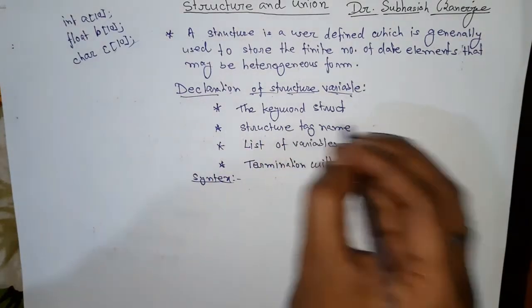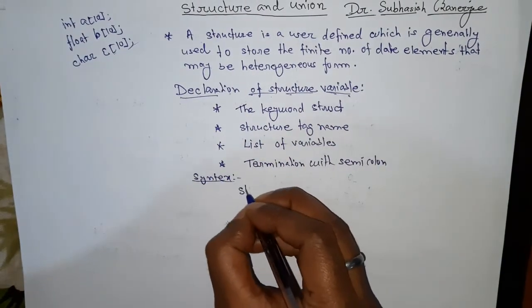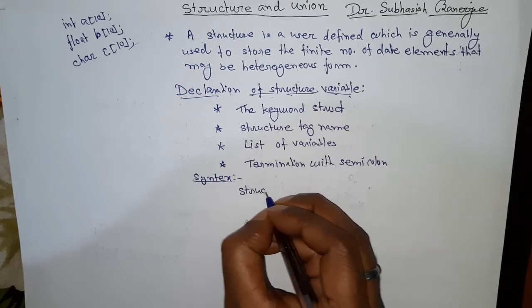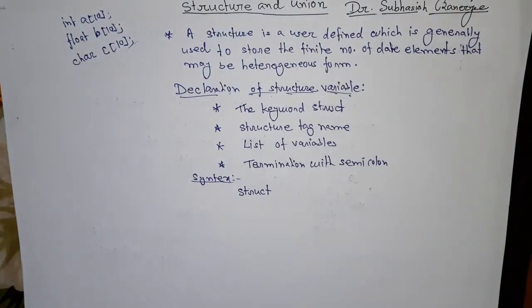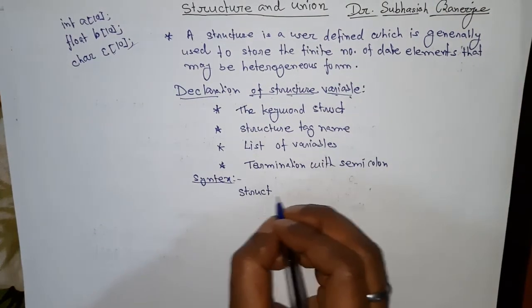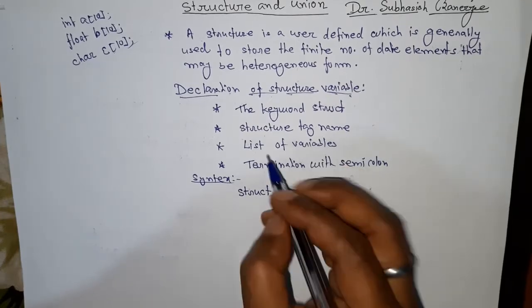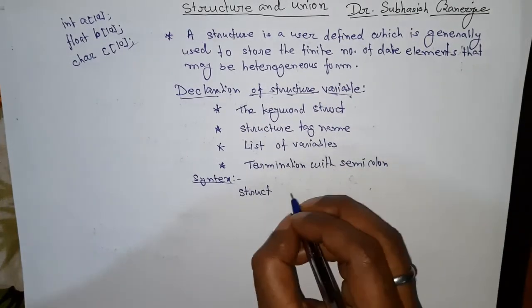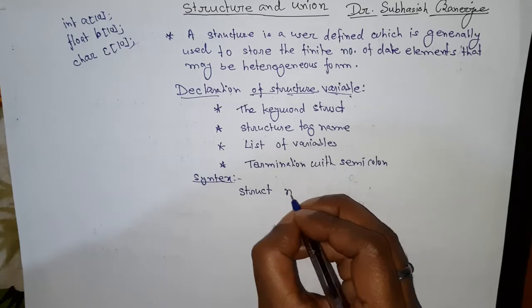So first is struct. Every structure must start with the keyword struct, all in small letters, as we know that C is a case sensitive language. So we have struct followed by the structure tag name. Let's have some name.